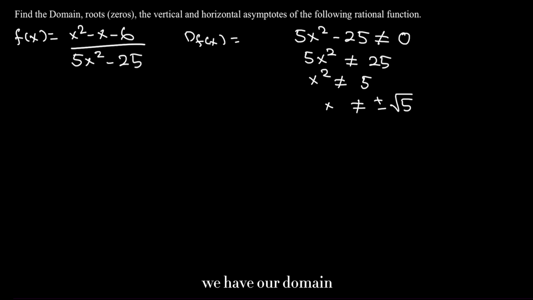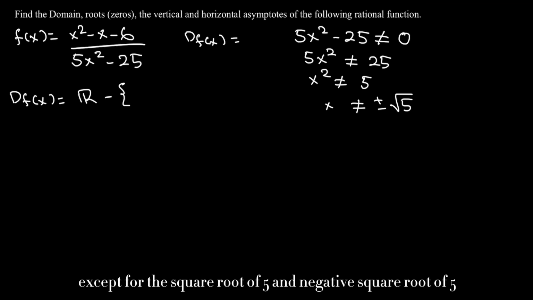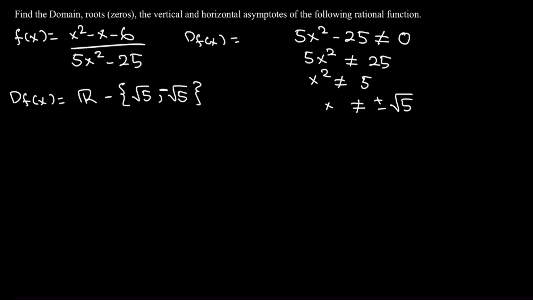We have our domain. The domain of f of x is the set of all real numbers except for the square root of 5 and negative square root of 5. That is the domain of f of x.